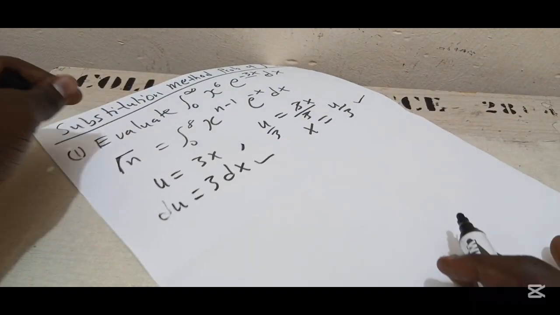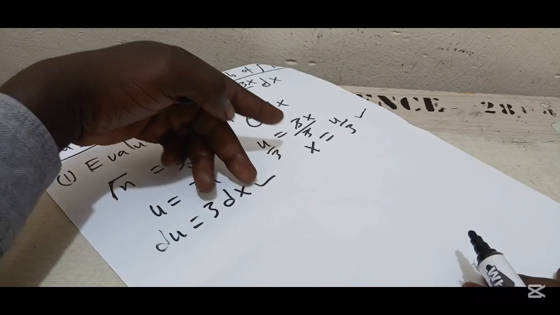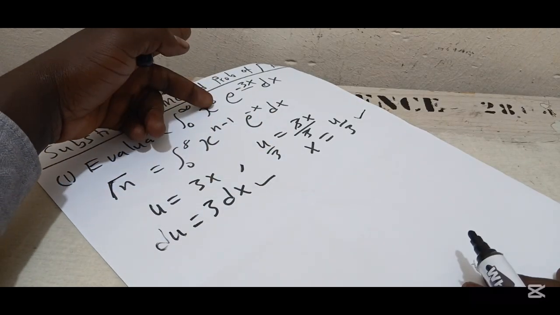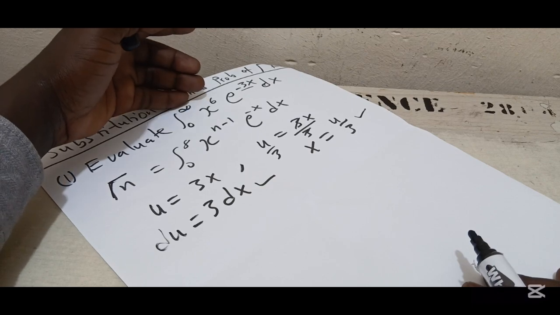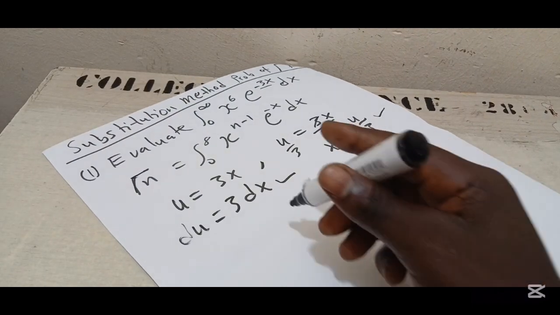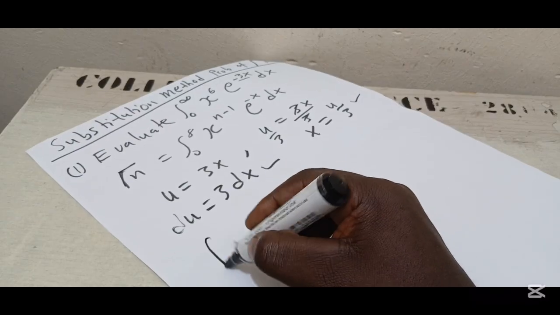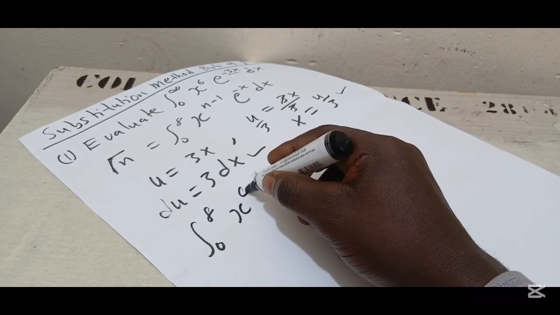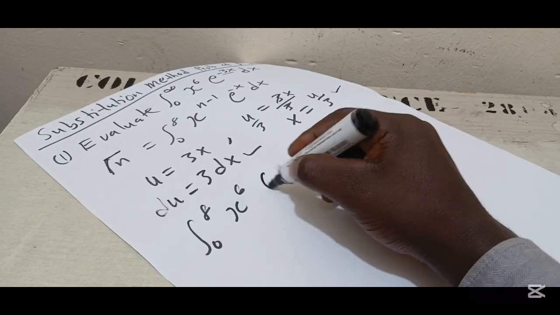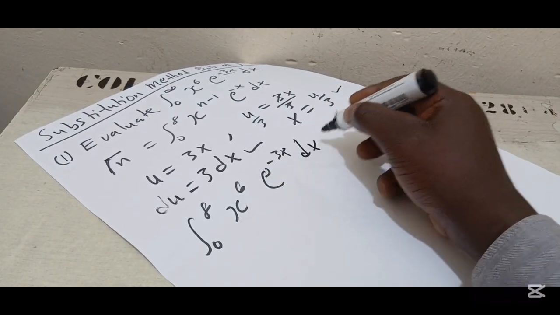So now we substitute the values of u into the problem again. Let's make our substitution. Integral from 0 to infinity x to the power 6 e to the power minus 3x dx.